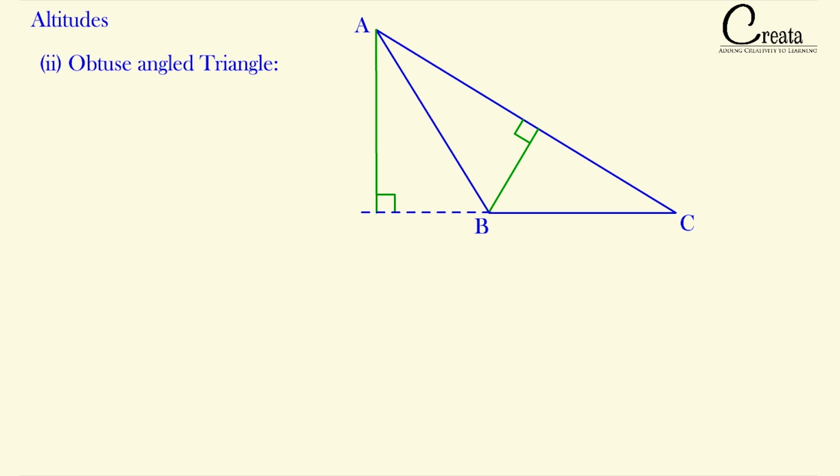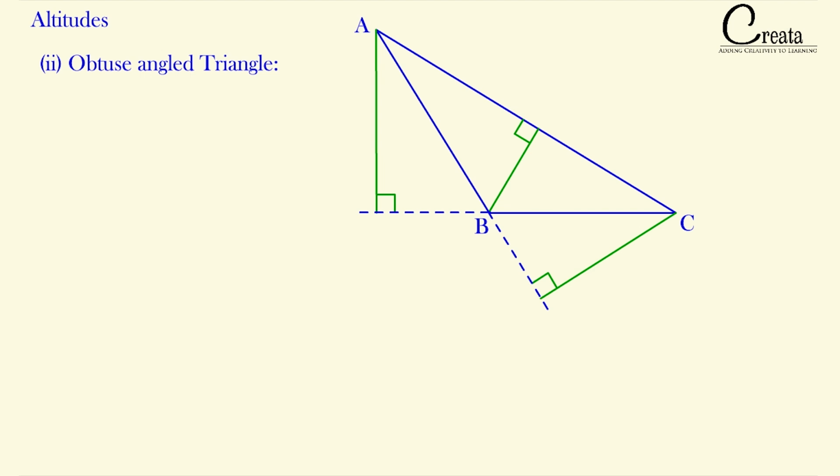Further, now we have to draw the altitude from the vertex C, which is perpendicular to side AB. We will apply the same concept. We will extend the side AB and draw this altitude which is perpendicular to the extended side AB and starts from the vertex C. Got it? So these are the three altitudes for the obtuse angle triangle ABC.